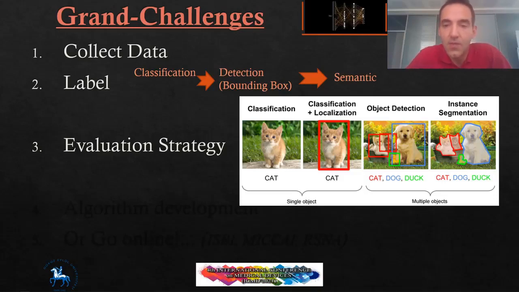If you have a classification plus localization problem, or an object detection problem with multiple objects, then you need additional evaluation metrics, such as the ones that point out the false positives, because in most problems the real challenge is to eliminate the false positives while you are collecting the true positives.